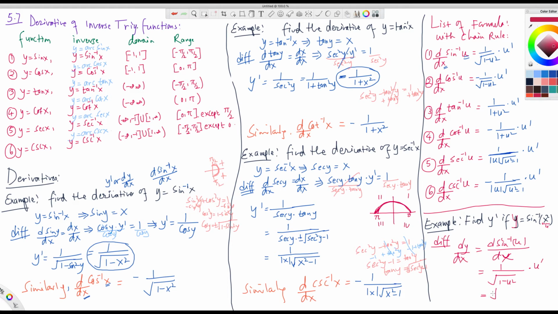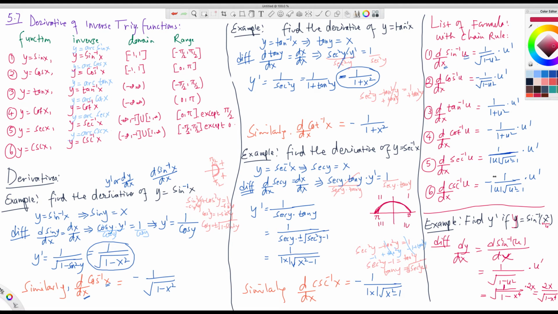So I am writing this as 1 over under the root 1 minus u square. u is x square, so that will be x to the 4th, right? Because square of x square is x to the 4th, times the 2x. You see that? So what is the final answer? Final answer will be 2x over under the root 1 minus x to the 4th. That is the final answer.